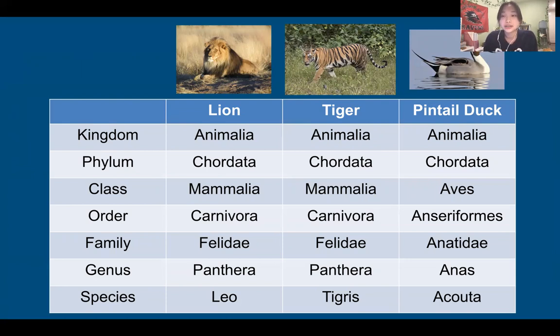Lions and tigers are actually very similar, as you may know, because they're both hunting felines or big cats. So they're actually the same classification all the way until the species, because as cool as it may be, lions and tigers can't interbreed. So they're different species.